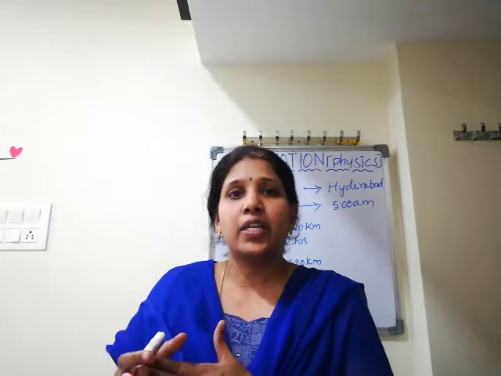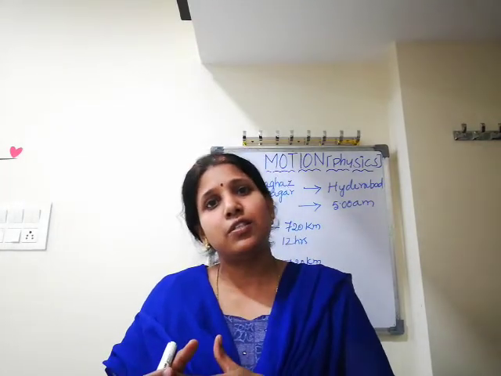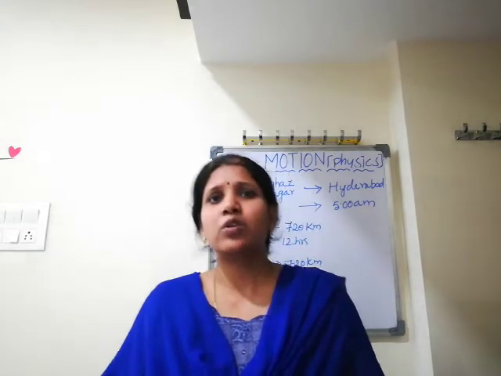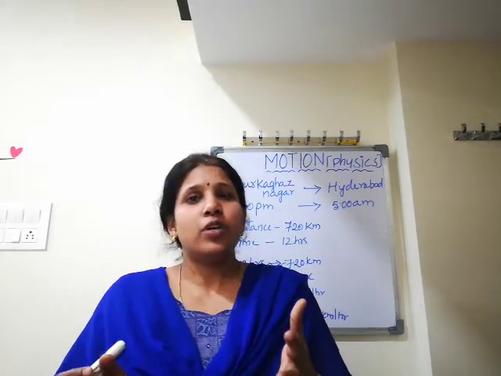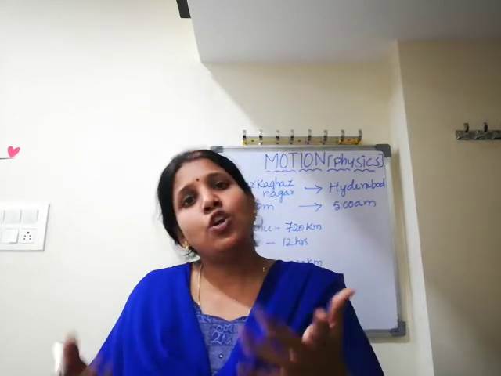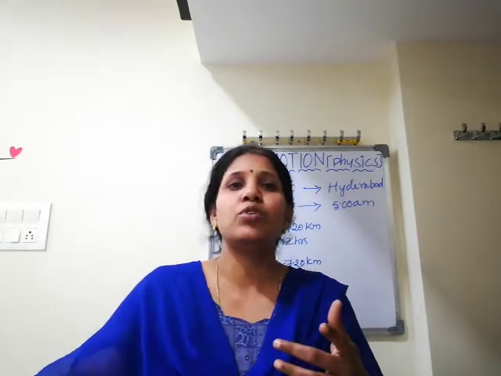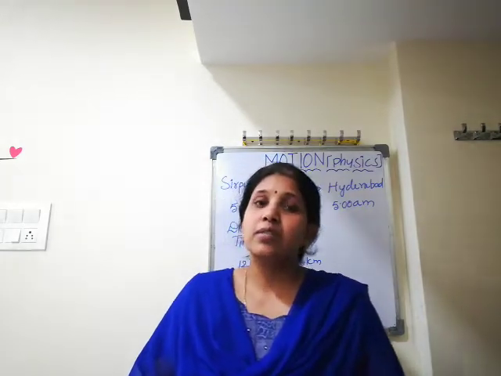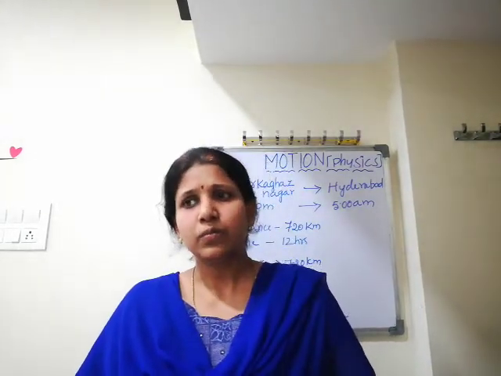Is it possible for the train to cover the same distance every 1 hour? No. Why? Because not only for the train, for any object in motion, it is not possible to cover the same distance in equal intervals of time.